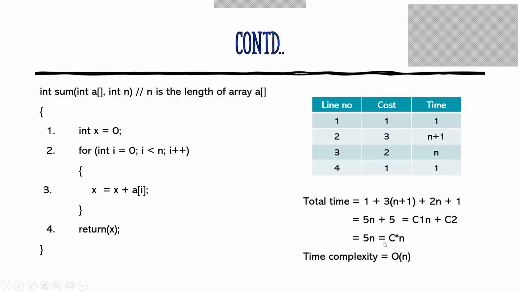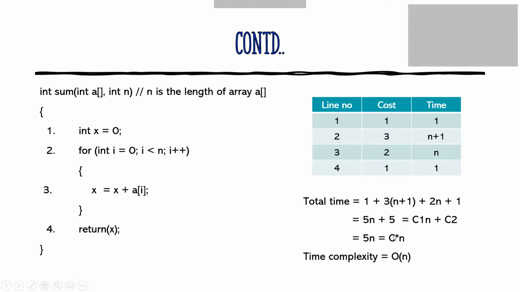So after calculating this, what do we need to do? We need to calculate the total time. So what will be the total time? You need to multiply the cost into time. For the first line, your total time is 1 into 1 equal to 1.